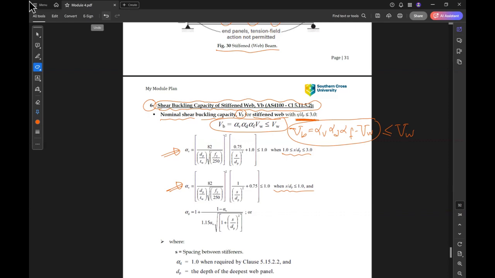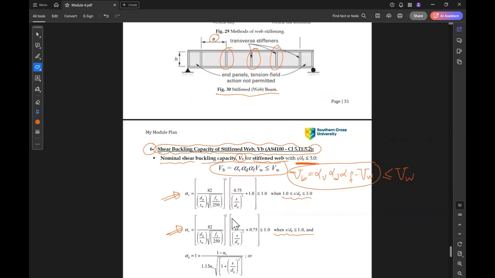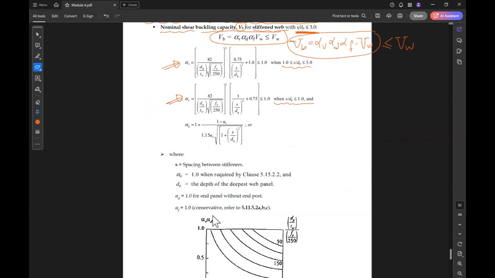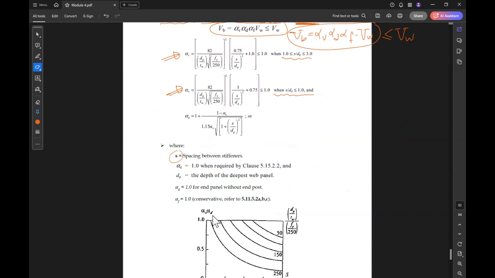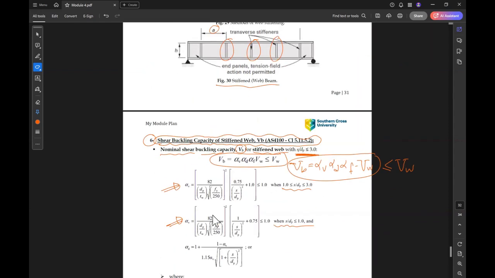What is S and what is dB? S is the spacing between stiffeners, and dB is the depth of the deepest web panel. So here, if we have an elevation of the beam, for example, S is the distance between the stiffeners.